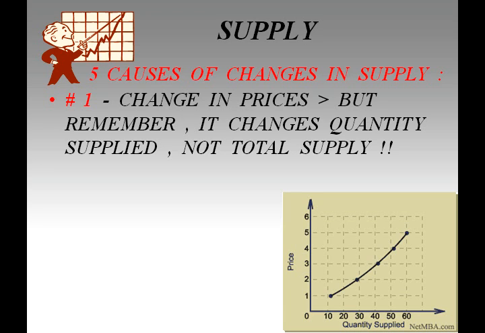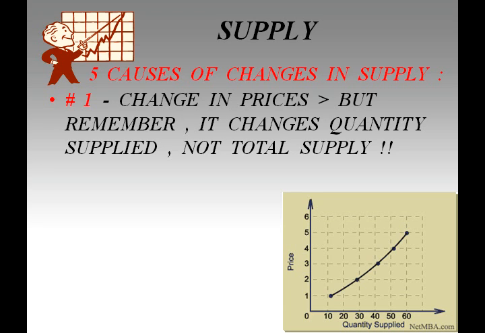Now, obviously, if some conditions change, for example, if resources change, where all of a sudden there were more resources available to produce oranges, the same thing that we looked at with a demand curve shifting on the chart is going to get applied here to supply.